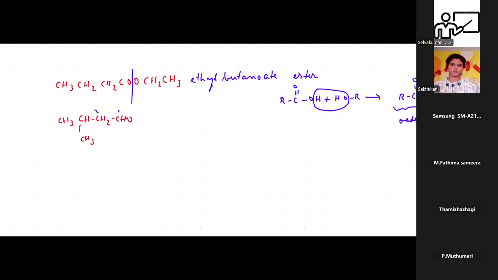For the aldehyde, the name includes the carbon in the functional group also. So it is butanal, butanal, al. If it is alcohol, butanol, ol. It is butanal. Substitution in the third carbon, methyl group is attached. So it is 3-methyl butanal.